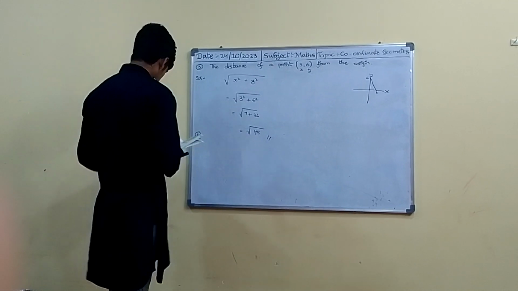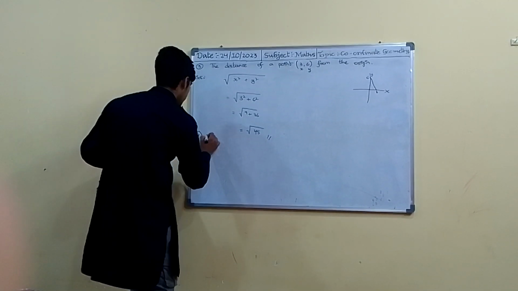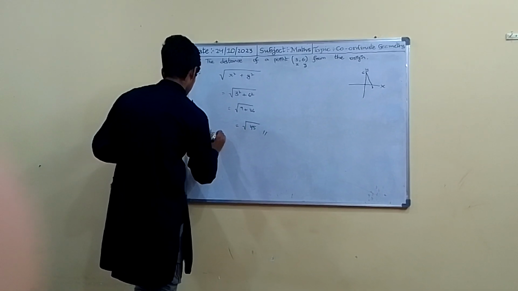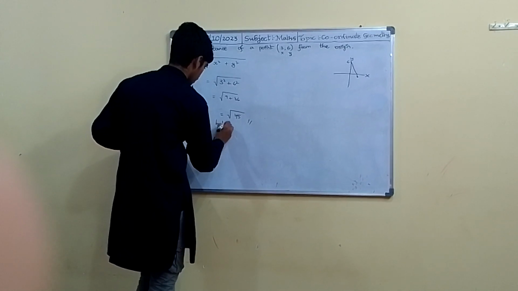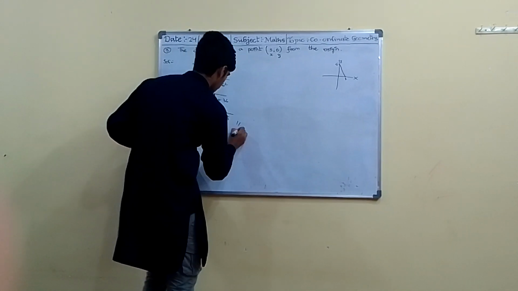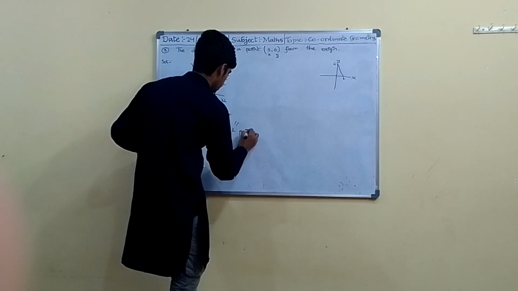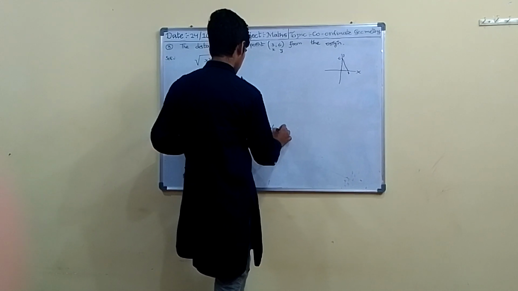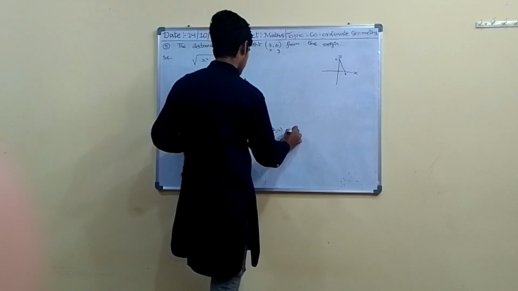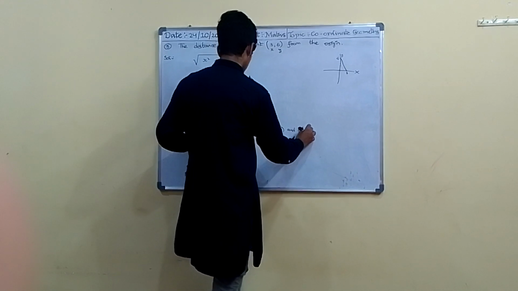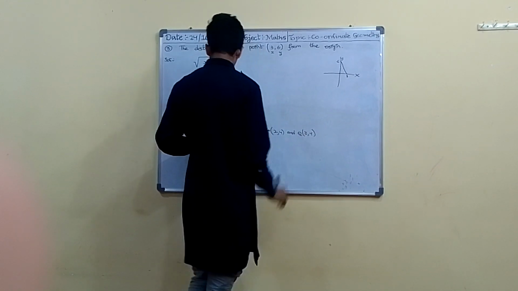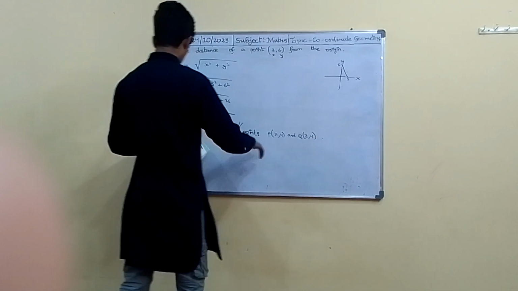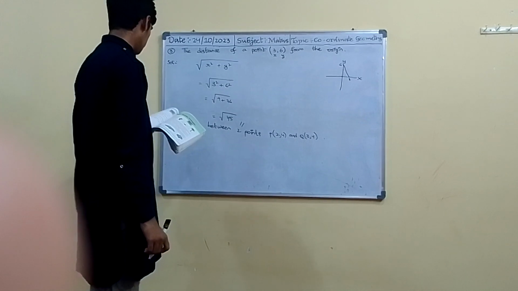The fourth question is, distance between 2 points P of 2, 4 and Q of 3, 4.